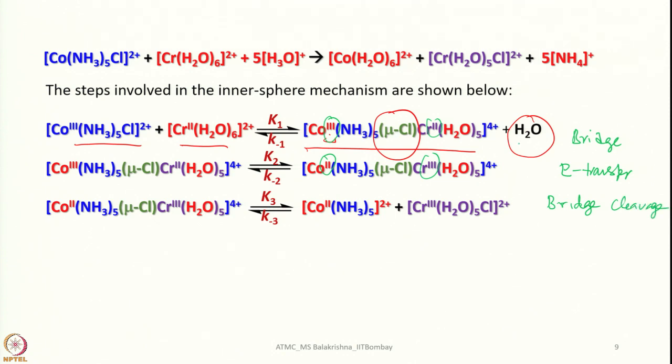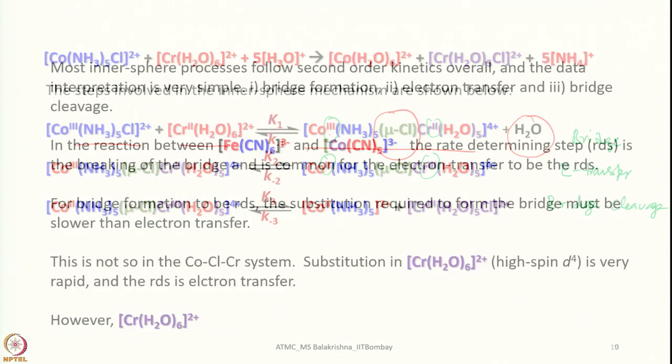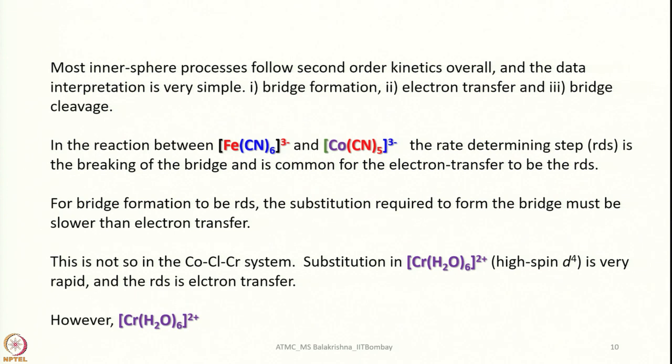So, that means these are the very important steps we come across in a typical redox process going through inner sphere mechanism. So, most inner sphere processes follow second order kinetics overall, and the data interpretation is very simple. So, you should remember just 3 steps: bridge formation, electron transfer and bridge cleavage.